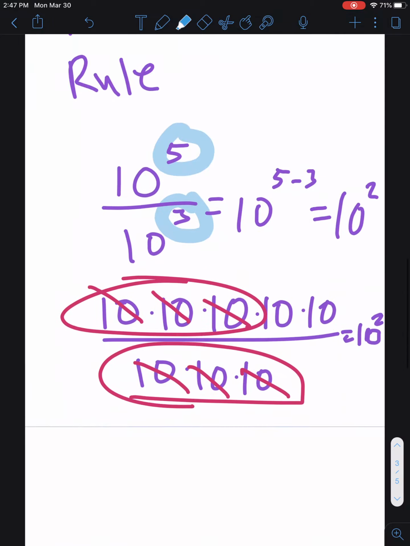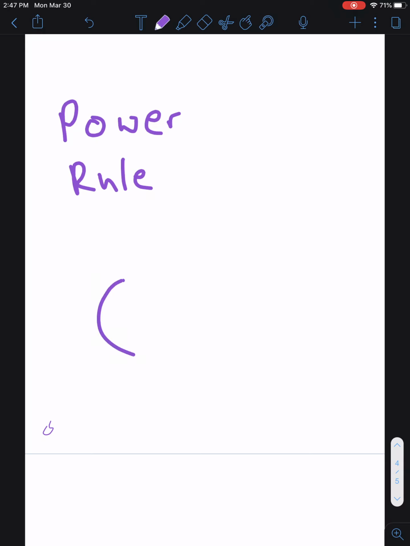All right, so let's move along. This rule is my favorite. You've probably noticed I'm saying that about every rule because every rule is my favorite. But let's talk about the power rule. The power rule is what happens when our exponent, say 10 to the 5th, is also taken to another power.